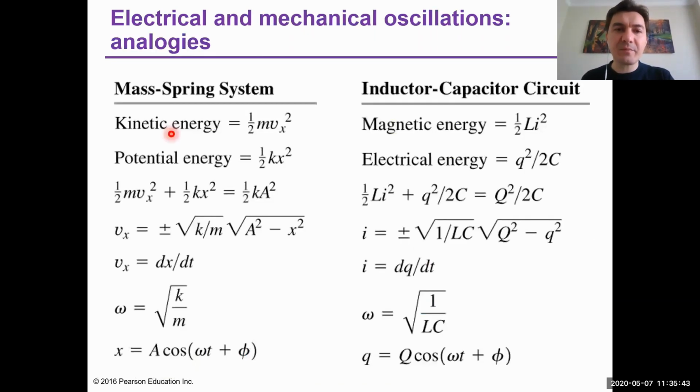So look at this one. Kinetic energy is given by 1/2 mv squared when the mass is staying at the equilibrium at the beginning. Velocity is 0, and the potential energy is also 0 because it is staying at the equilibrium. X is 0. Remember the simple harmonic motion. And then when we stretch it or compress it, we have potential energy. We store potential energy in the system, in the spring.